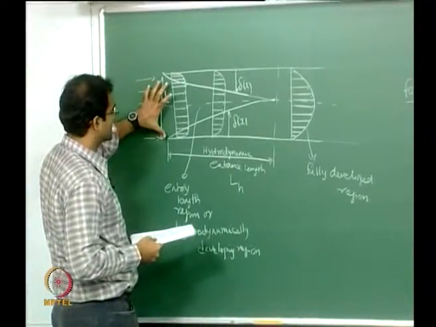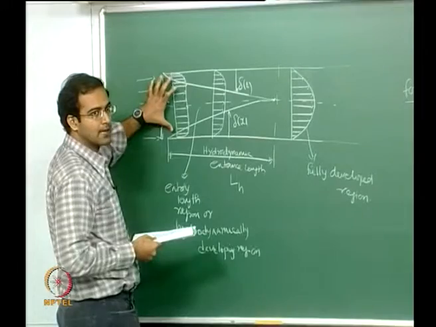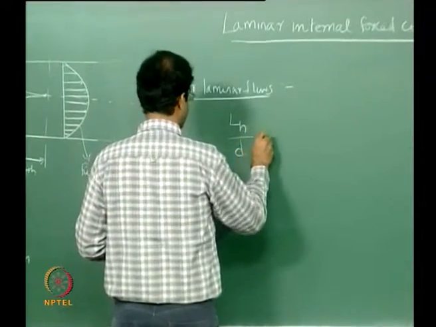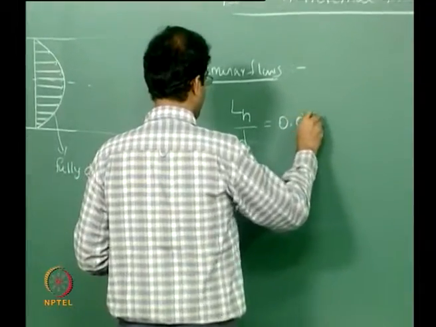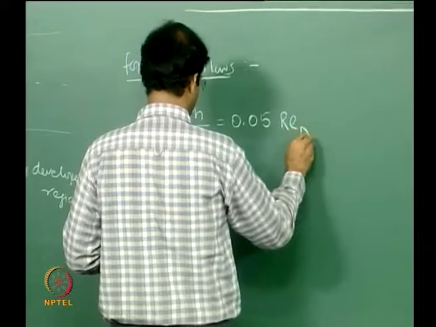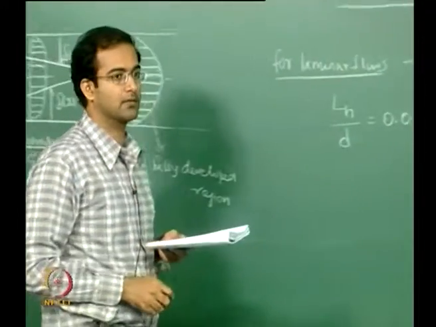So this is the separation between the two plates of the channel. Okay, so L_H by D is roughly 0.05 times Re based on the diameter of the duct.